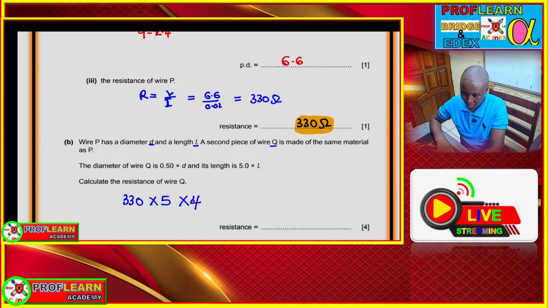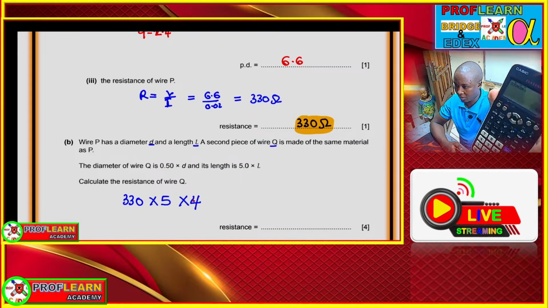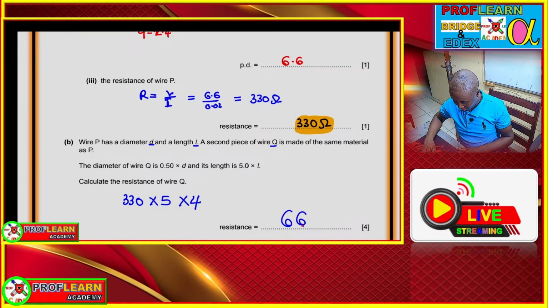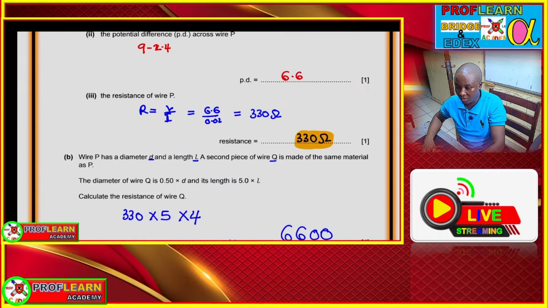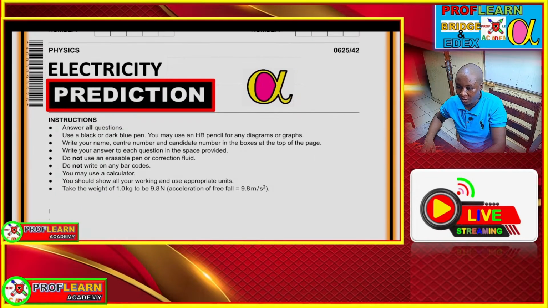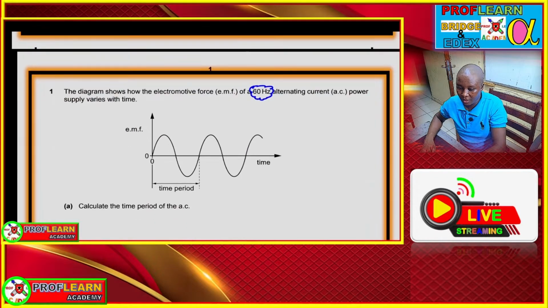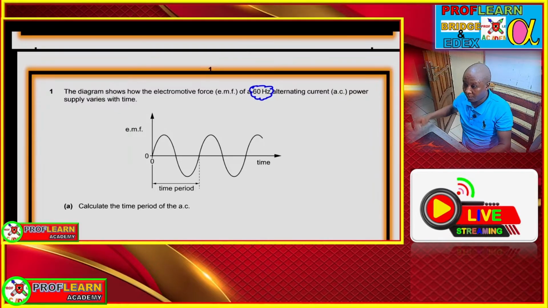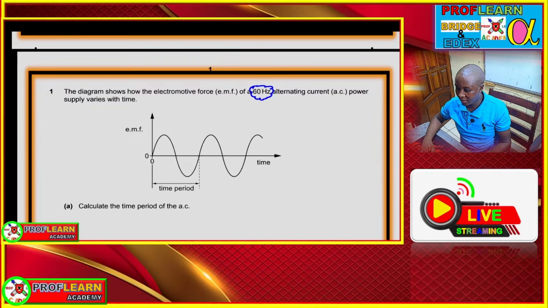And if you work it out, that will be 330 times 5 times 4. If you work it out, you are going to get your value being equivalent to 6,600, and that is going to mark the end of this, so that we can focus on the next tutorial.